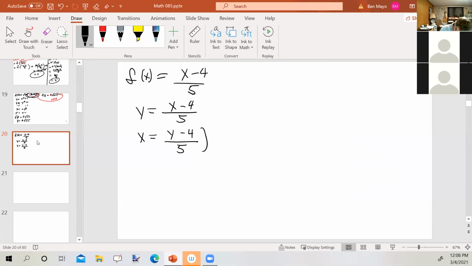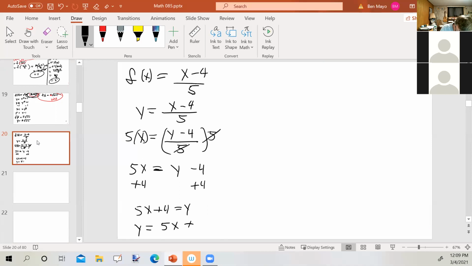How I'm going to do that, I'm going to multiply both sides by 5. On the left, I get 5x. On the right, the 5's reduce out and I get y minus 4. Then I'm going to add 4 to both sides and I get 5x plus 4 equals y, which I'm going to rewrite as y equals 5x plus 4.